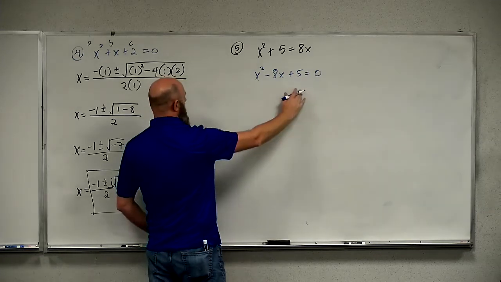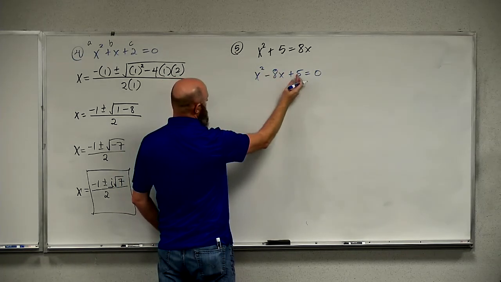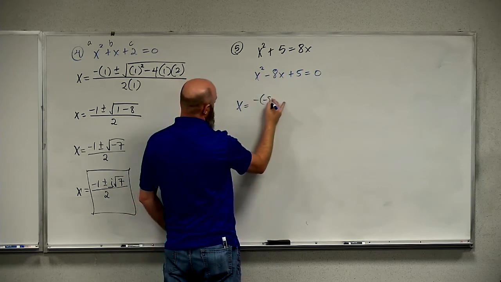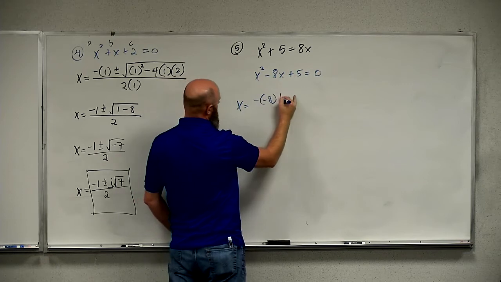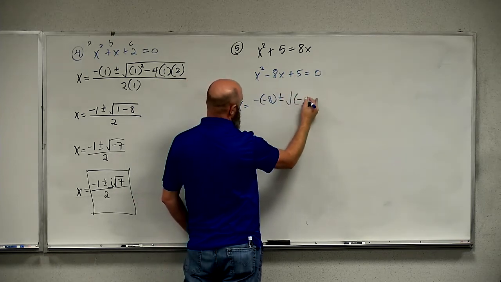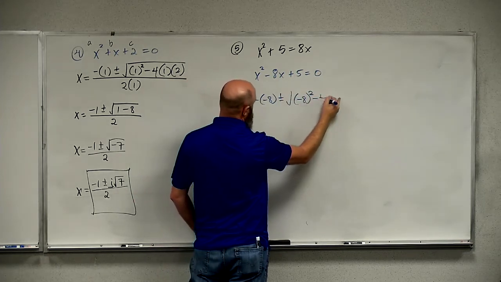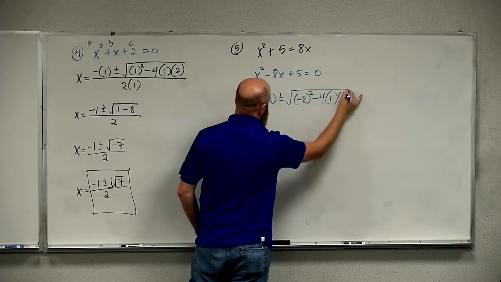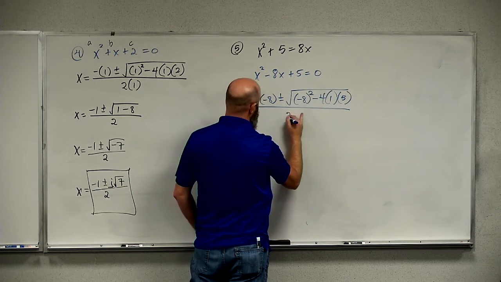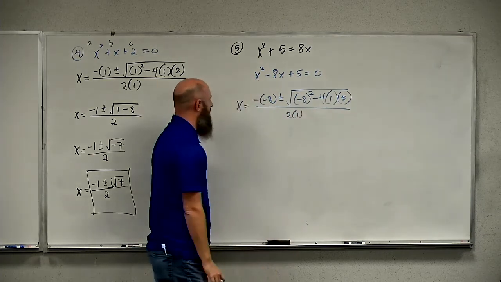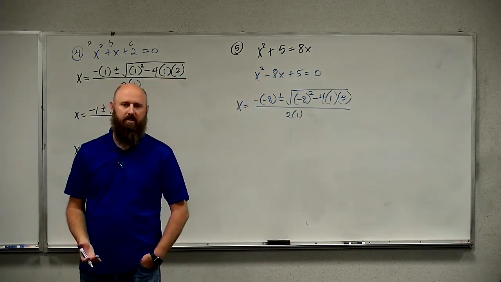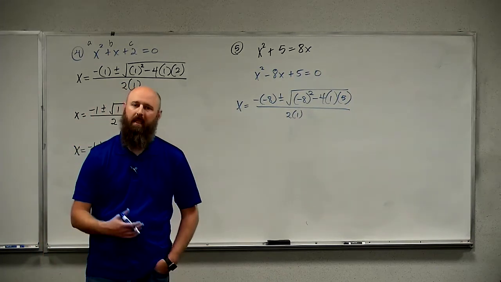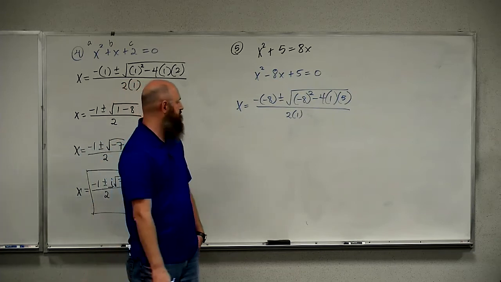So now that I have it in the right order, we have our A, B, and C. So x equals negative 8 for that B, plus or minus the square root of B squared minus 4 times A times C, all divided by 2 times A. Now, don't think that A is always going to be 1. It just happens to be in these examples here today, but it can be different numbers, all right?